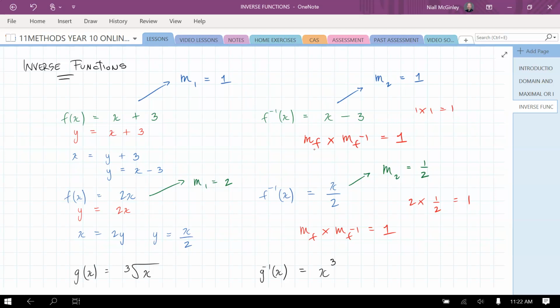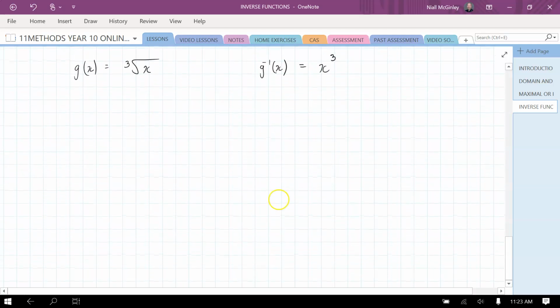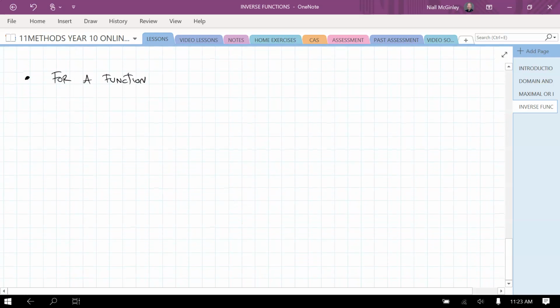Alright, so let's just get a few rules down here, a bit of information. When we're talking about an inverse, firstly, for a function to have an inverse function, you can have inverse relations, but we are looking at inverse functions, then it has to be a 1-to-1 function.